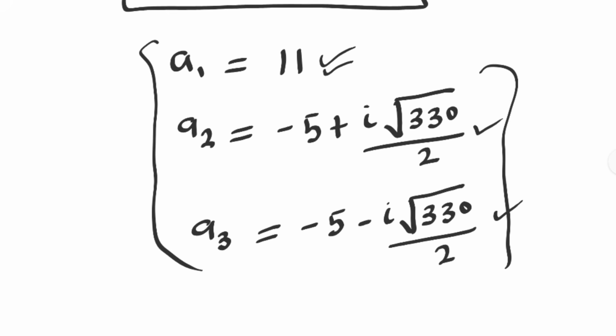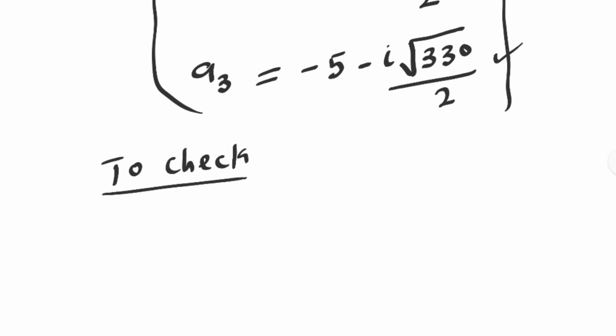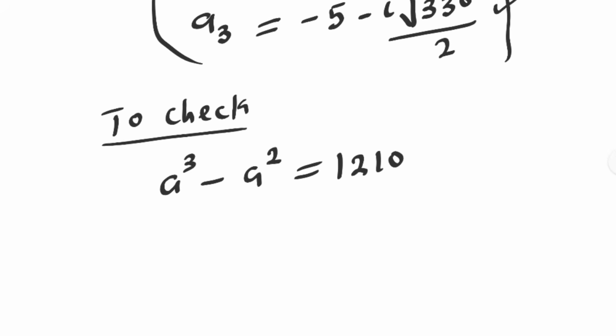You see these real roots. To check, we have the given equation. A raised to power 3 minus a square is equal to 1210.